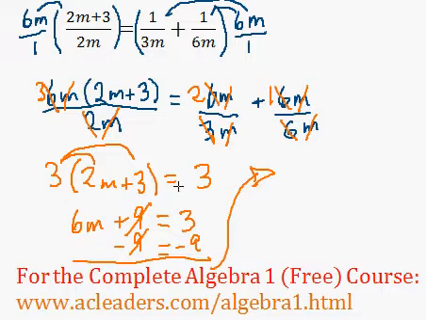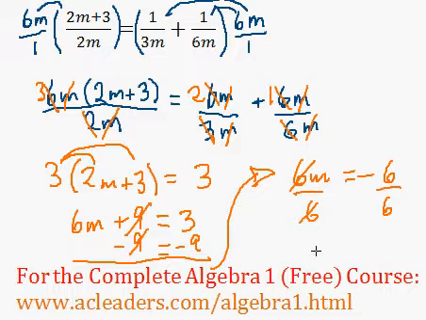I bring down the 6m. The 9's are gone because 9 minus 9 is 0. And that's just going to be equal to 3 minus 9, which is negative 6. Okay. Then I can just divide both sides by 6. And m will be equal to negative 6 over 6, which is negative 1.